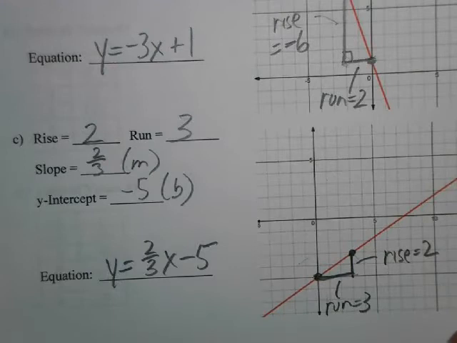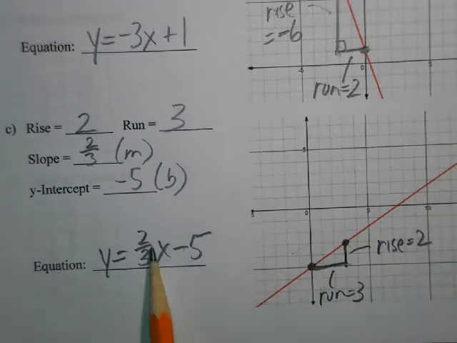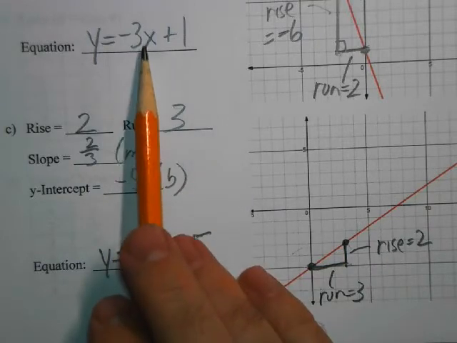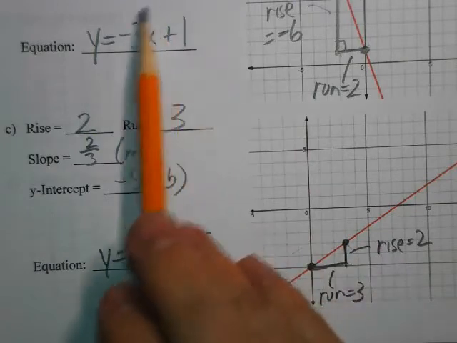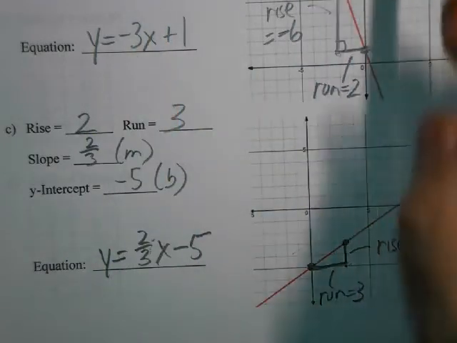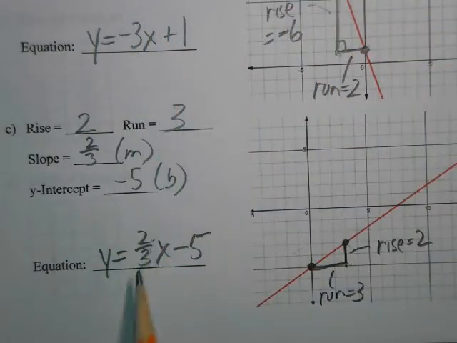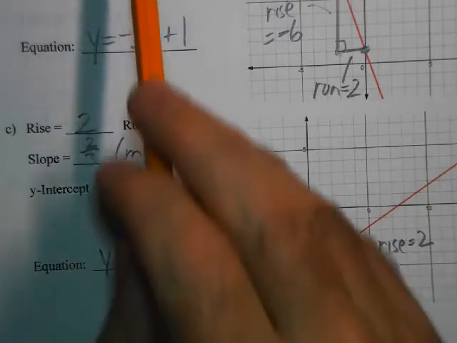And you can see the slope of this line was 2/3. 2/3 is quite a bit less than, in terms of the slope, these two, which have a steep slope. The 2/3 is smaller than these two numbers.